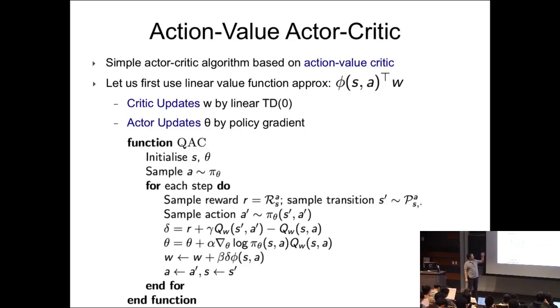You initialize some state, you sample some action. Again, initially it's just a random policy, so your action is basically going to be random. You sample the reward, you sample the transitions according to your Markov decision process. You sample an action according to your policy, and then you do Q learning, basically, right? You update your parameters.